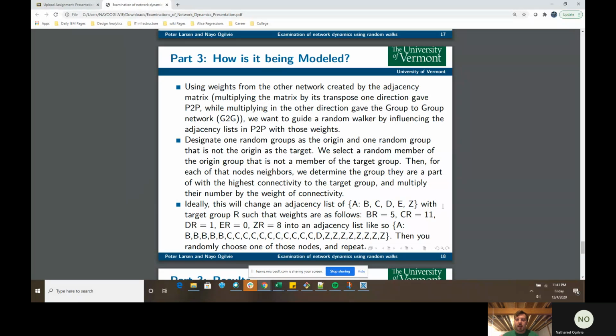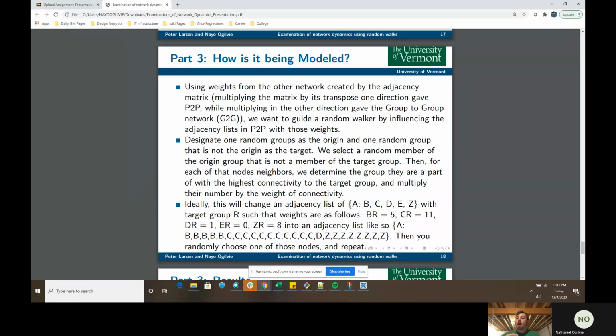An example would be node A is adjacent to B, C, D, E, and Z. And then we use the group-to-group network to look at B, C, D, E, and Z's relationship with our target group R. So B to R might have a 5, C to R might have an 11, D to R might have a 1, E to R might have a 0, and Z to R might have an 8.